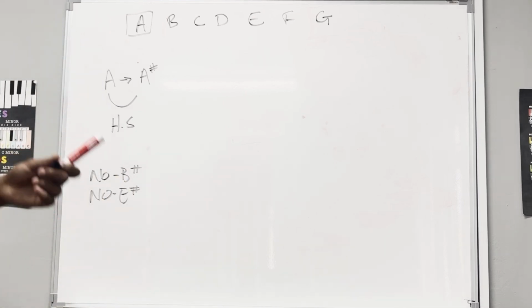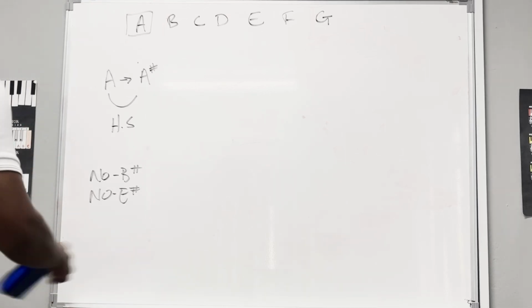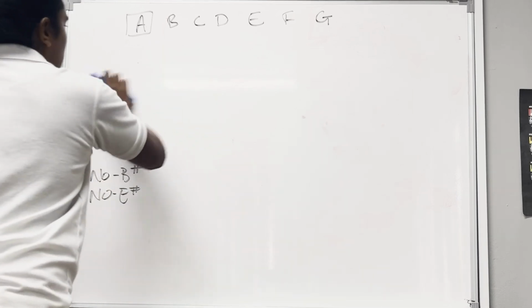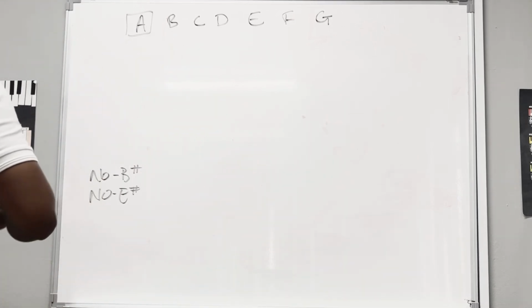Now, let's talk about what a half step is and what a whole step is. So let's first write out all the notes with their sharps and then talk about the half step and the whole step.